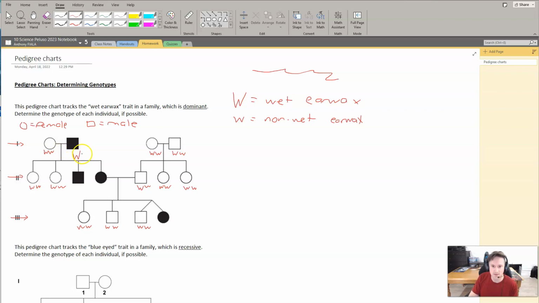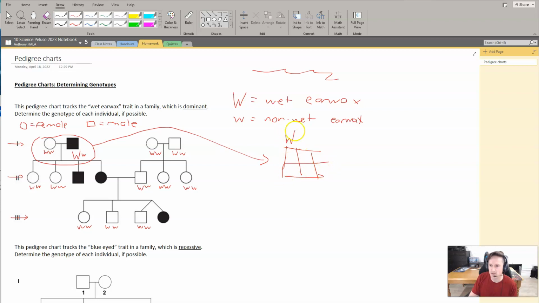They have to be heterozygous. The reason why I know that is if they were homozygous dominant, so two big W's, then the only combination, so let's just take these ones here, and let's go over here, and we'll do a bit of a Punnett square. It's a horrible Punnett square, but that's okay.